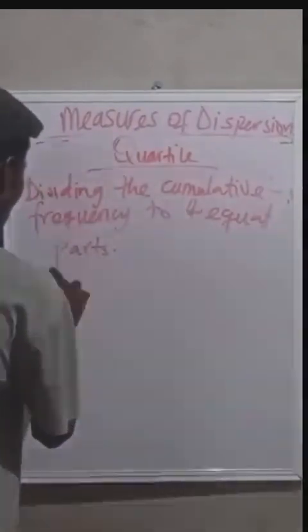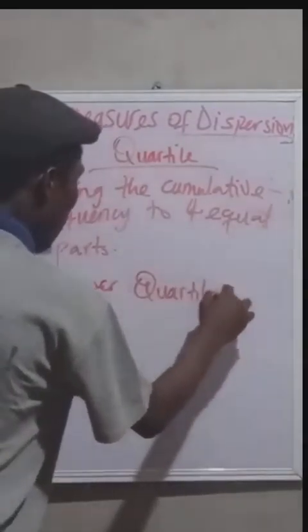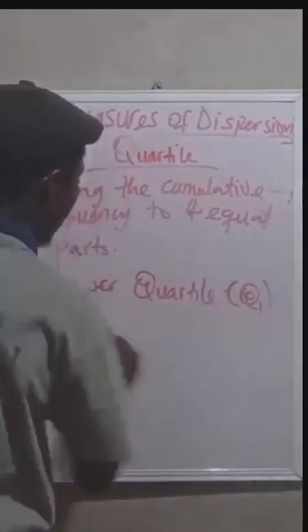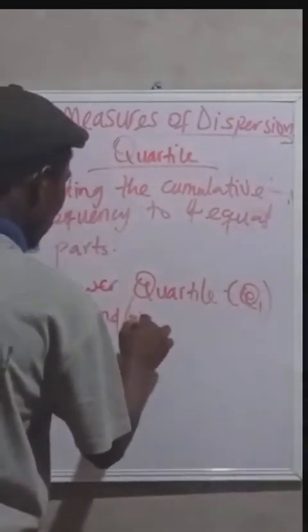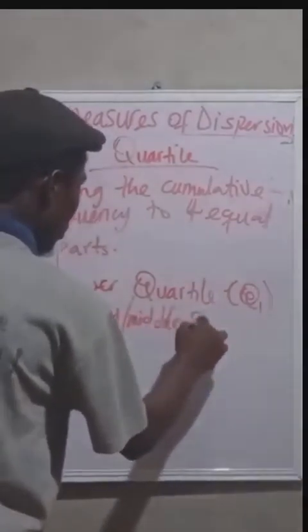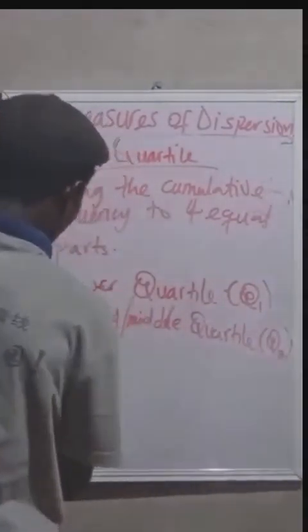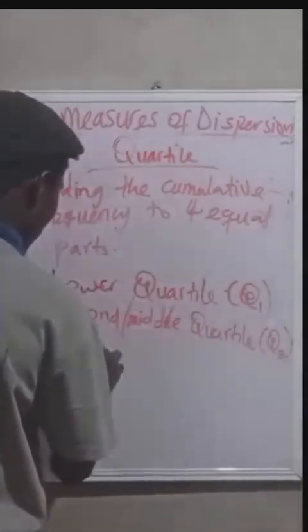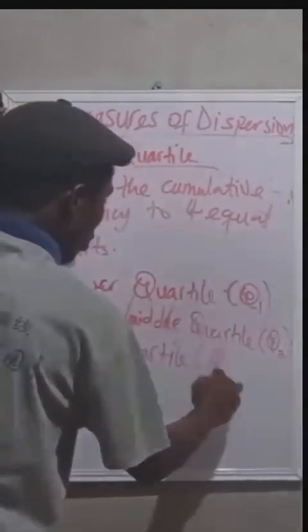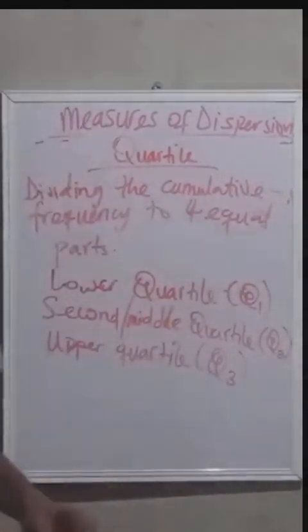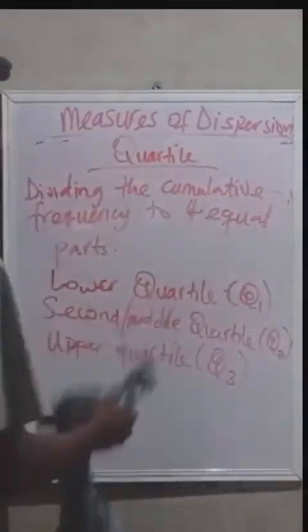So lower quartile is Q1, second or middle quartile is Q2, and upper quartile is your Q3. So when you see this, we are talking about quartile.